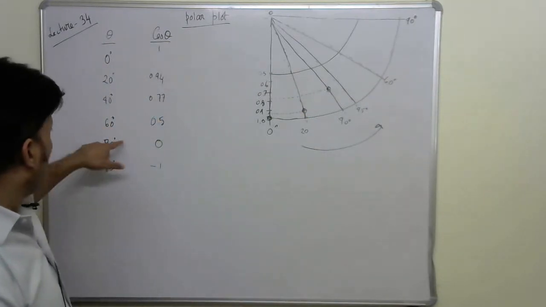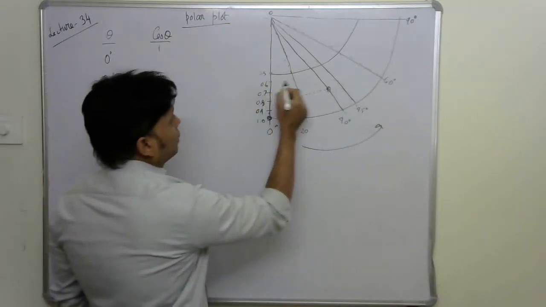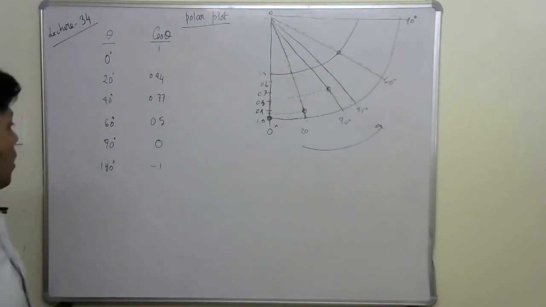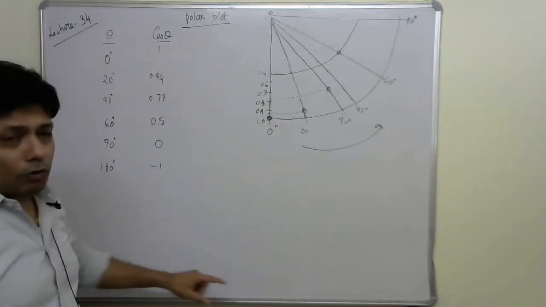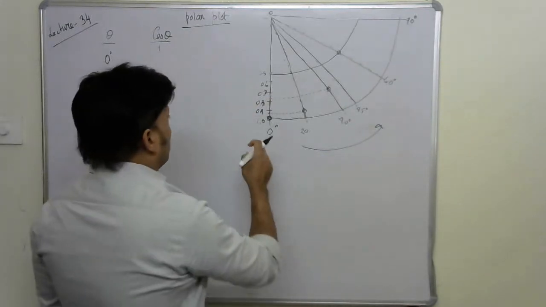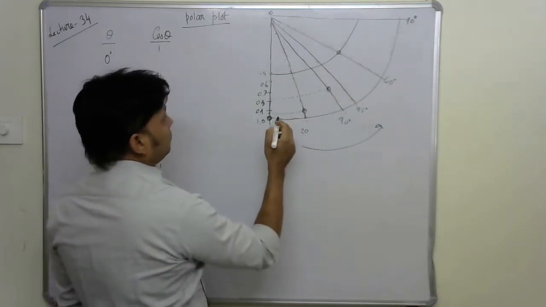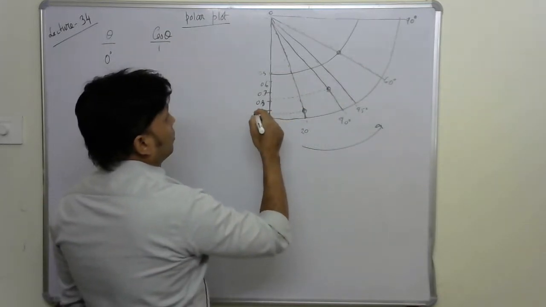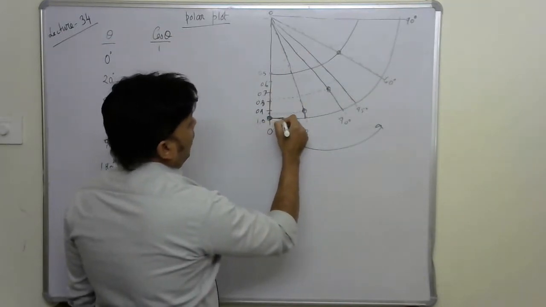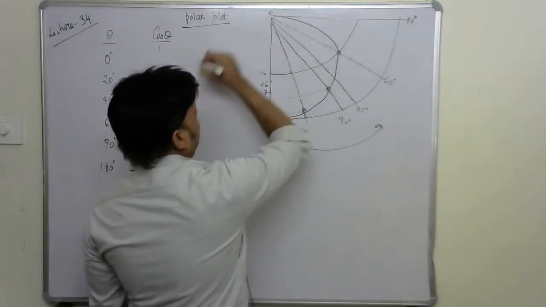Next we go for 60 degrees. For 60 degrees, cos theta is 0.5. I have already drawn it, so we will find the point over here. Now if someone goes for the complete range of theta versus cos theta, from 0 degree to 90 degrees, by plotting all the values we are going to find a beautiful semicircle, something like this.